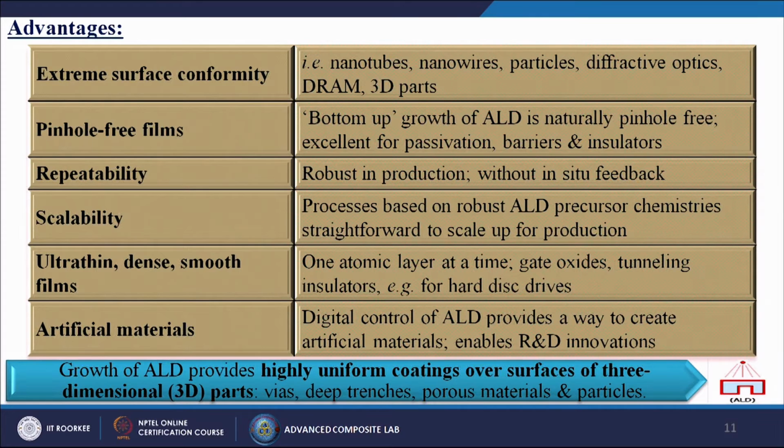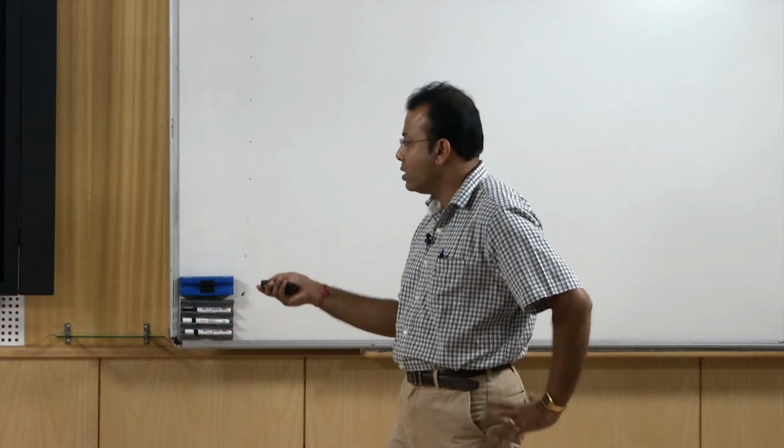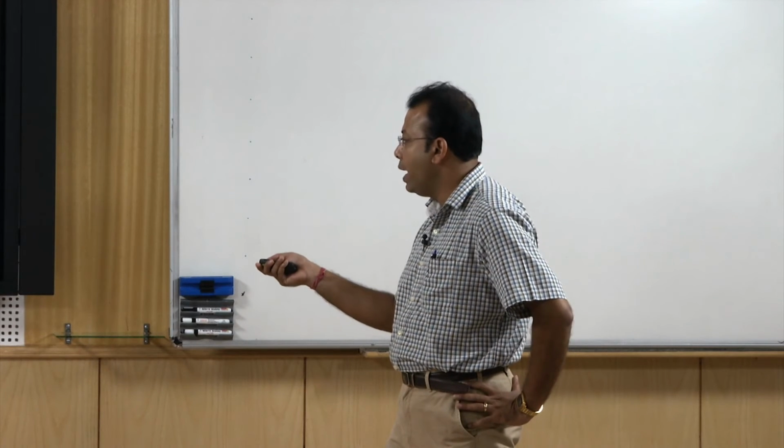Artificial materials: digital control of ALD provides a way to create artificial materials, and enables R&D innovations. Growth of ALD provides highly uniform coatings over the surface of 3-dimensional parts, via deep trenches, porous materials and particles. So, it has huge advantages and applications in recent days. Not only that, this is the whole ALD process.